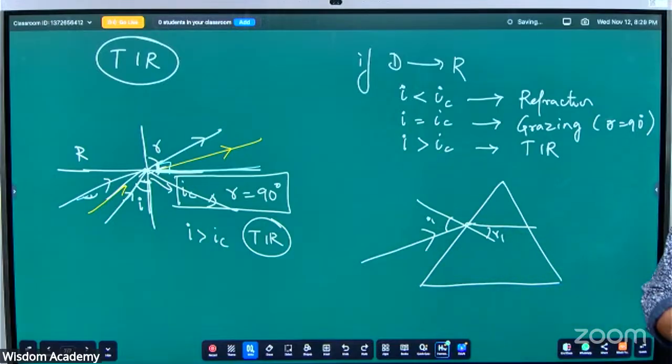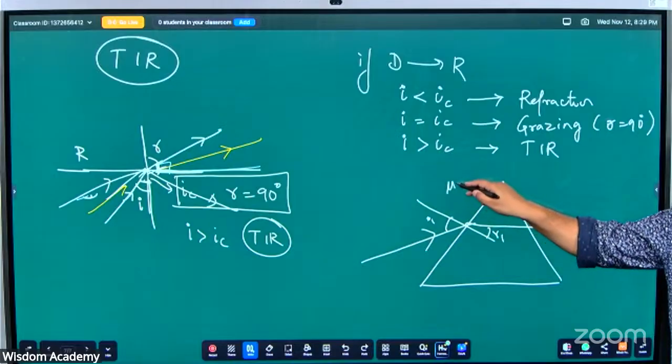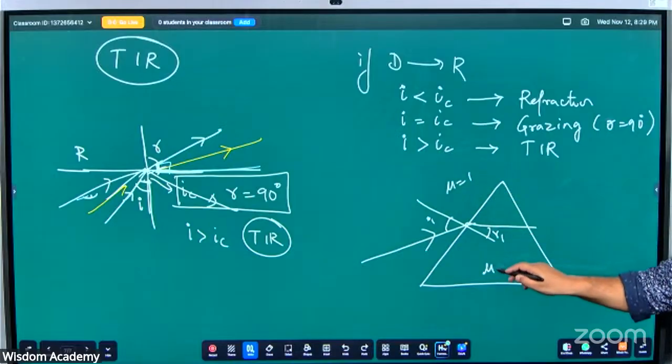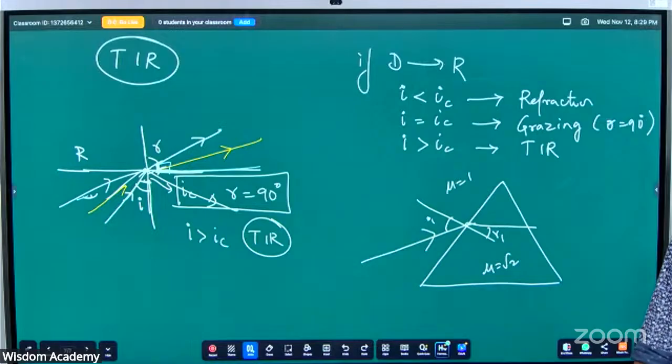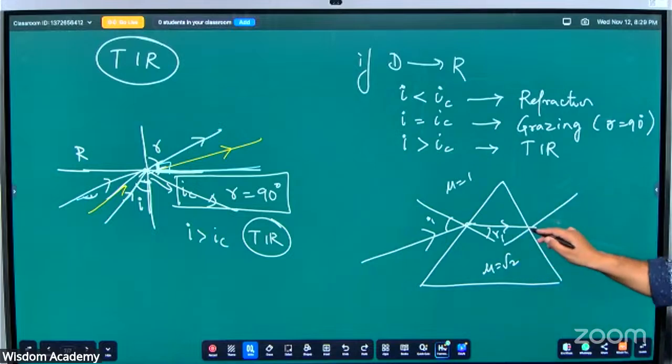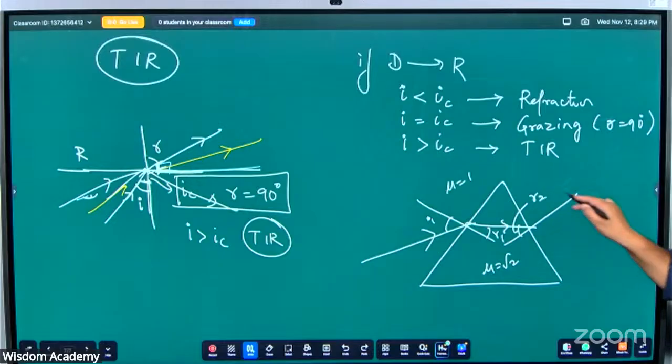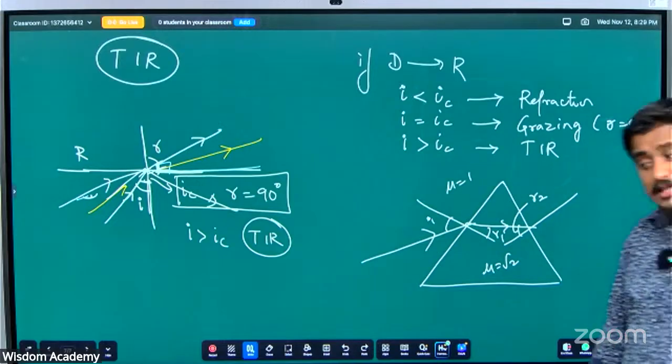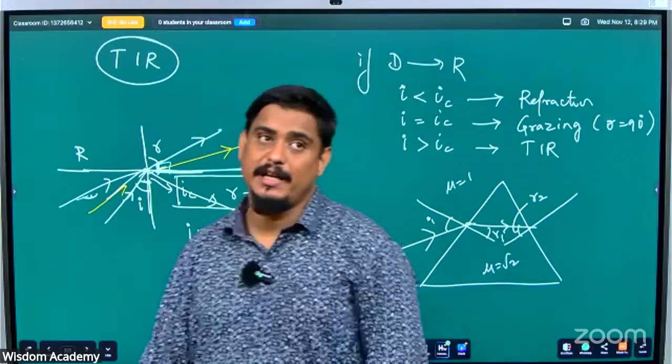You will find R1 easily because they would have given the value of mu, suppose 1. Here mu, suppose root 2. Then the ray will come and hit here. Now, you should very carefully determine whether this angle R2 is more than the critical angle, less than the critical angle, or equal to the critical angle.